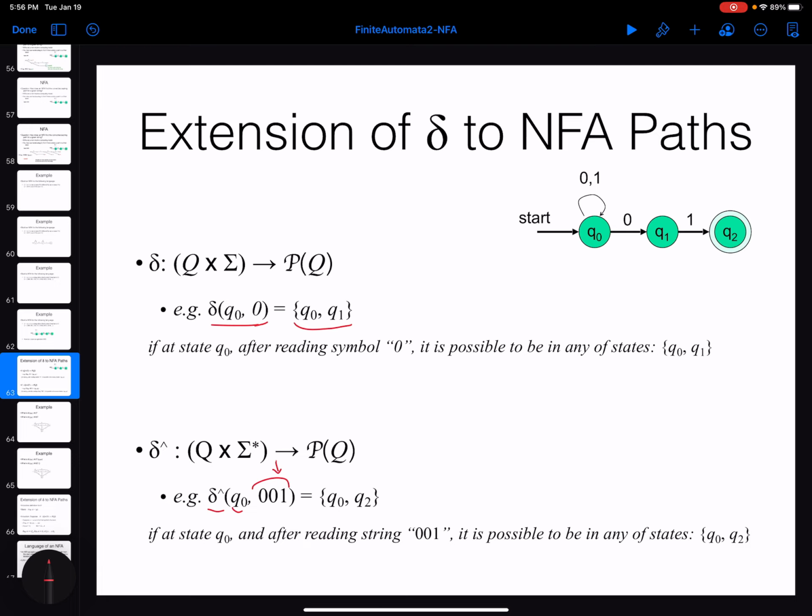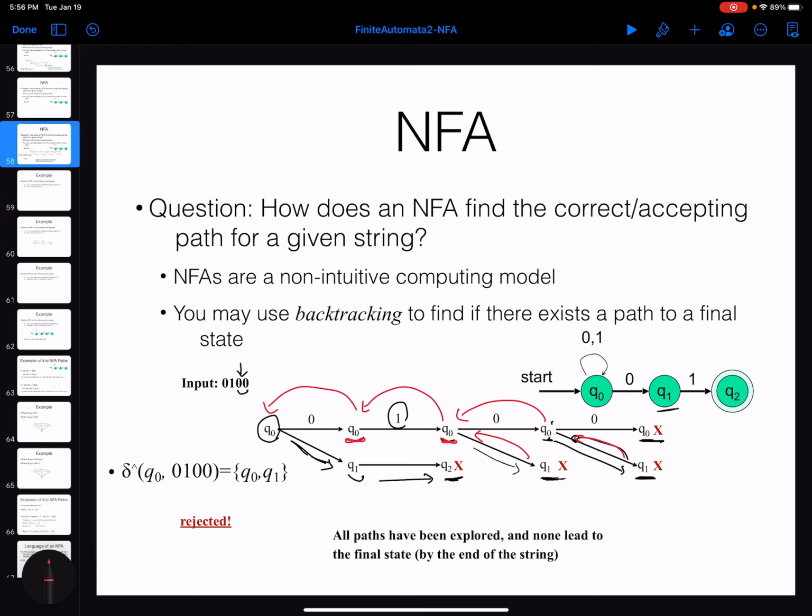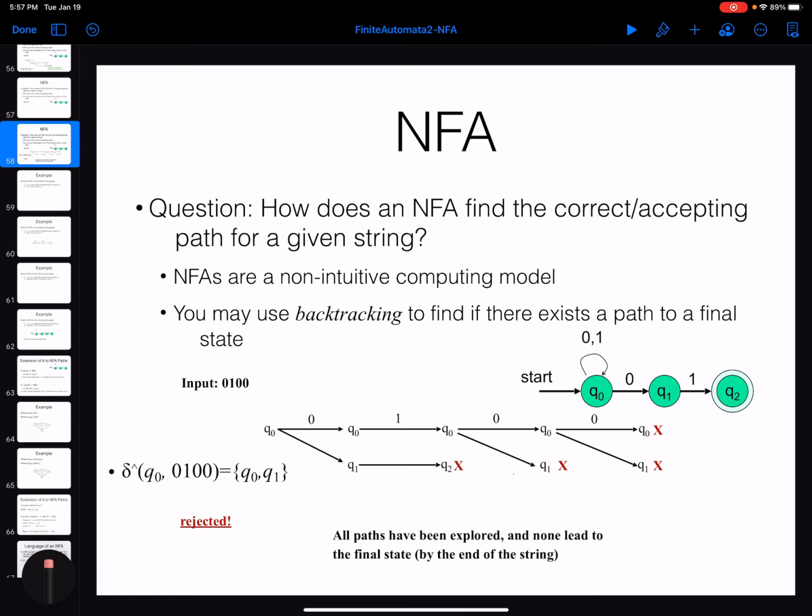Remember we had this search tree here. The thing is, when you read a string of more than one symbol, if you start at Q0, after reading 0, you can be in more than one state.